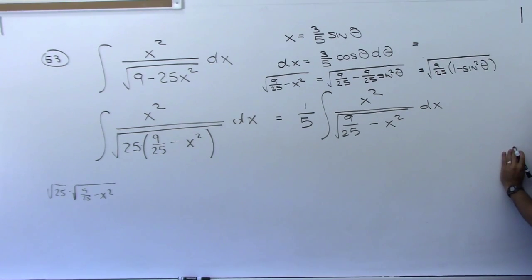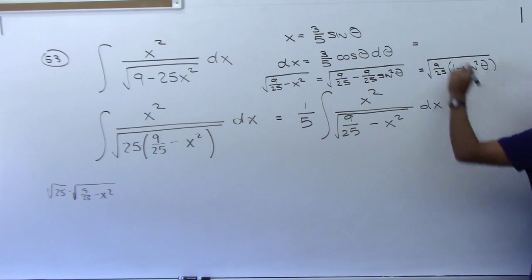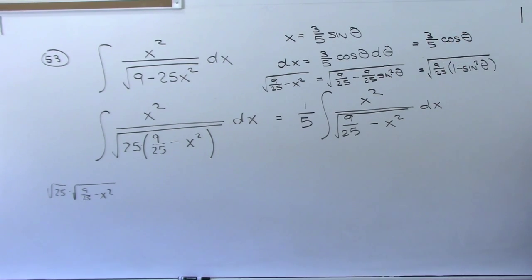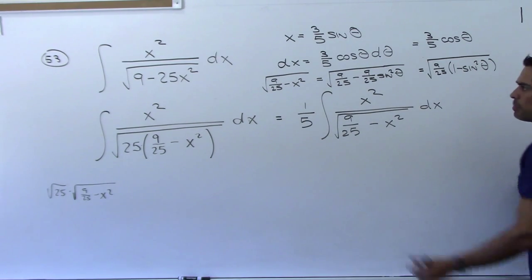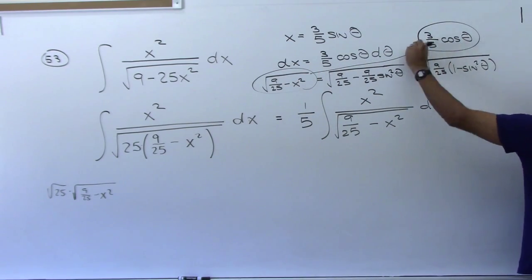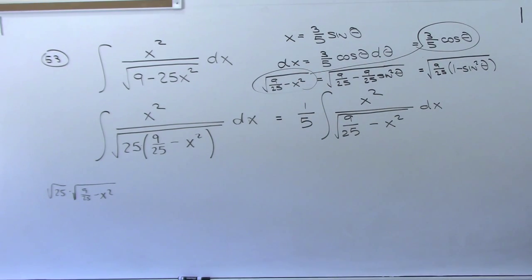So what is this? At the end of the day, after the root and everything, 3/5 cosine theta. Just remember that square root thing is going to turn into this. Do you have any questions on that?